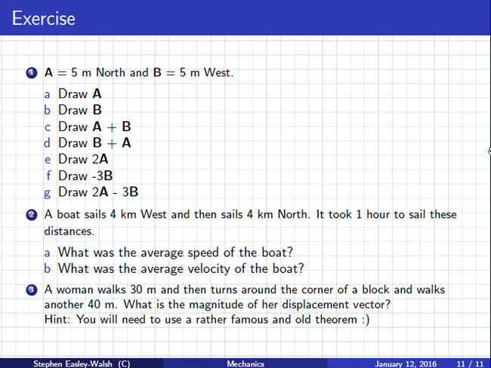Okay. So the last part, that's a typo. It should say, what was his average velocity? So, do you remember velocity? It was displacement or position over time.